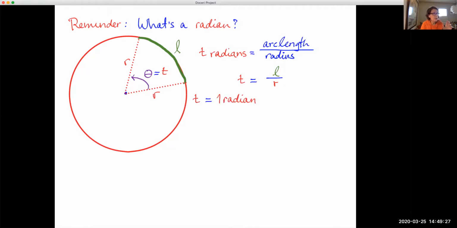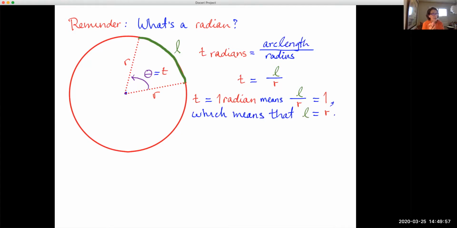And in particular, if that angle is equal to 1 radian, then that means the ratio L over R has to be 1. And if L over R is 1, that means L and R are the same length. So that's why we like radians. It makes our lives simple.